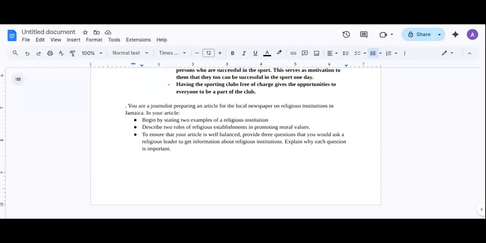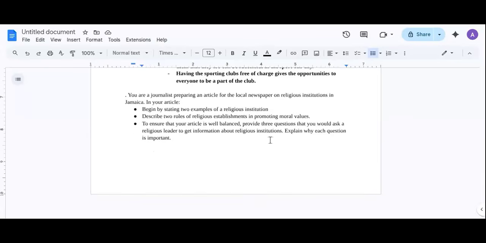To ensure that your article is well balanced, provide 3 questions that you would ask a religious leader to get information about religious institutions. Explain why each question is important. So you're a journalist.